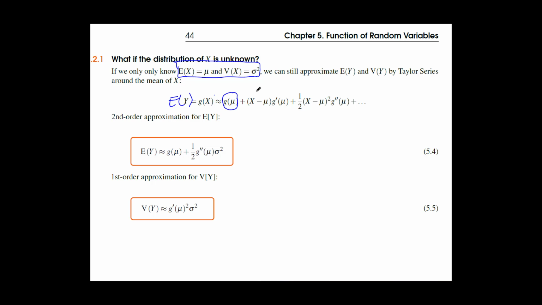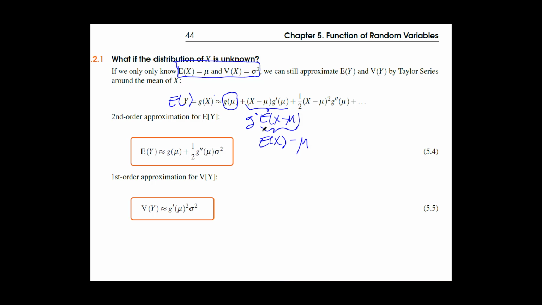Now, when I take the expected value of this term, the g prime is a constant, so it comes out, and I get g prime times the expected value of x minus mu.